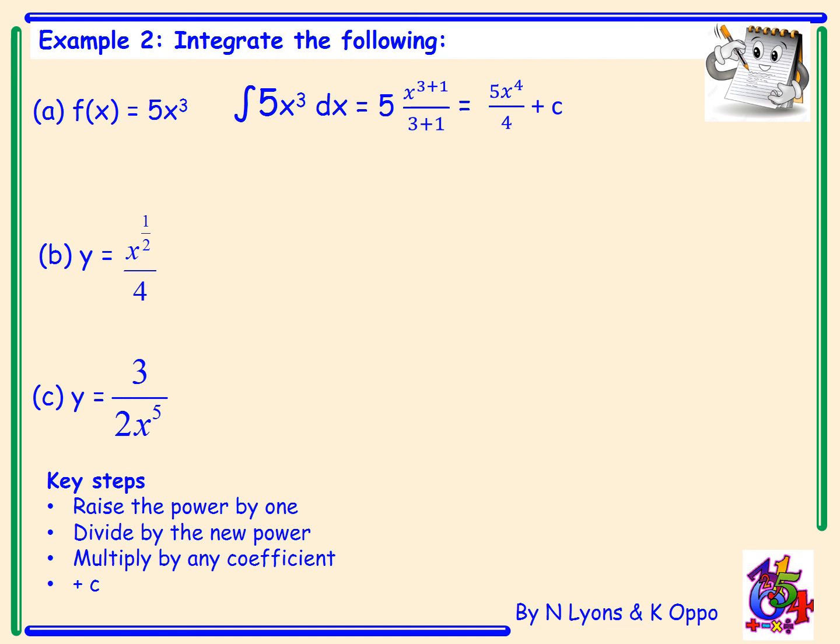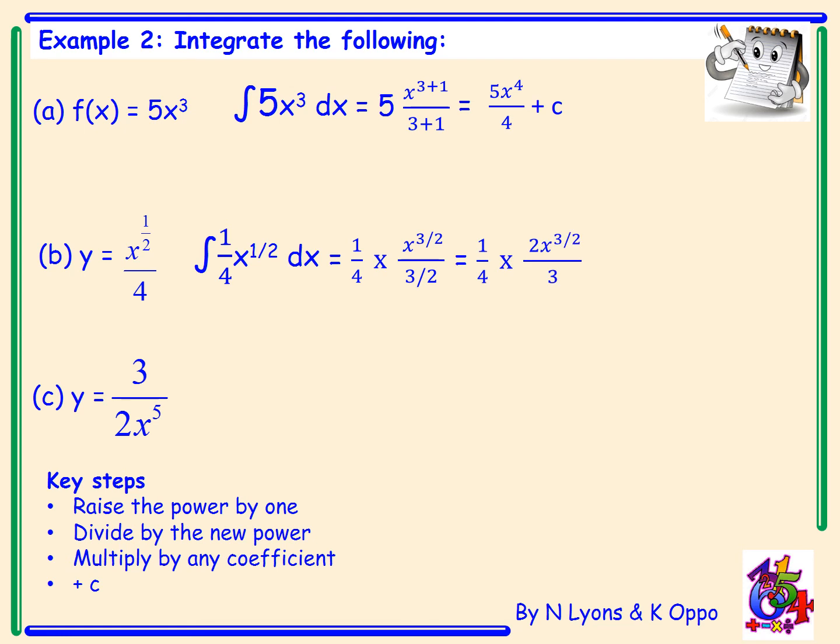Part B, y equals a quarter x to the power half. That's the integral of a quarter x to the power half with respect to x. That's a quarter times x to the power, so a half plus 1 is 1 1/2, that's 3 over 2, and we're dividing by a fraction, we're dividing by 3 over 2.